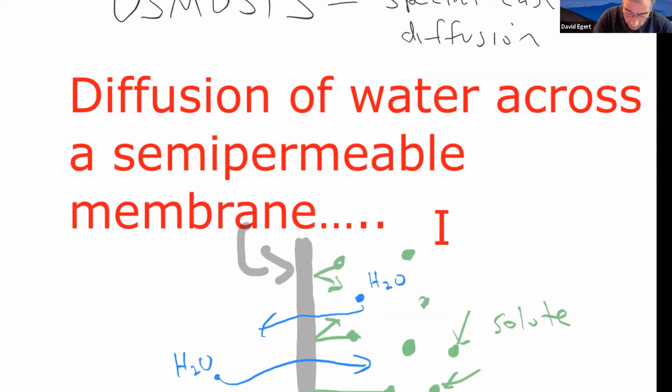So a semi-permeable membrane separates two sides of some aqueous solution. Water can freely move across the membrane, but whatever solute is dissolved in the water is trapped and can't cross the membrane. That's the setup for osmosis.